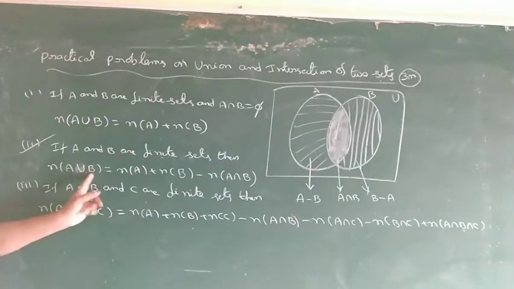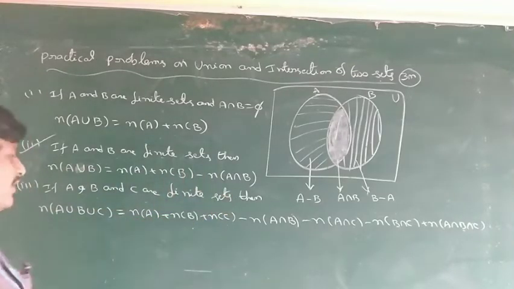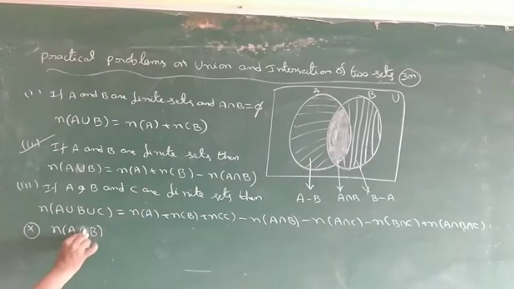n of A union B is equal to n of A plus n of B minus n of A intersection B. So what is n of A intersection B?